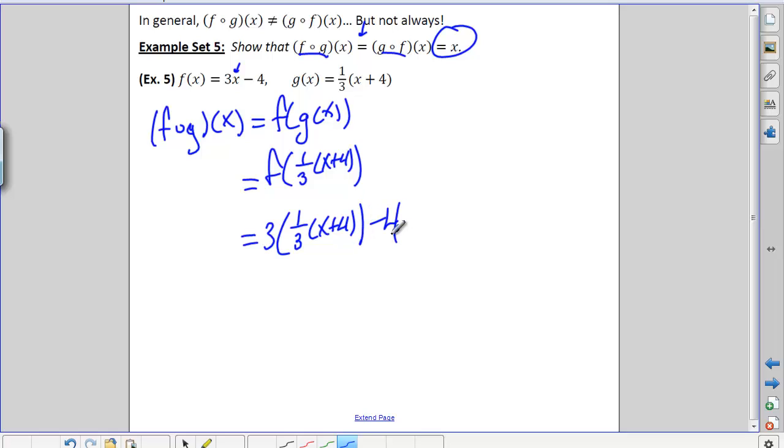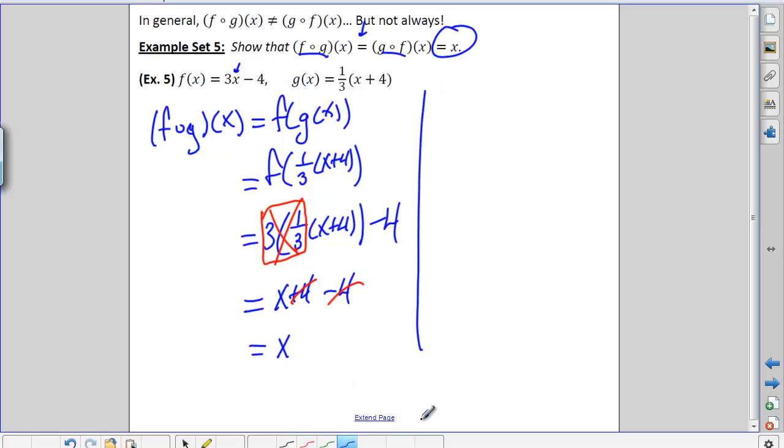Okay. So if we simplify this down, first 3 times a third, those just cancel out. So we're left with x plus 4 minus 4, and well, that's just, okay, these cancel, right? That's just x. So the first part, we've shown f of g, well, that's just x. Things cancel out. Now let's look at g of f.